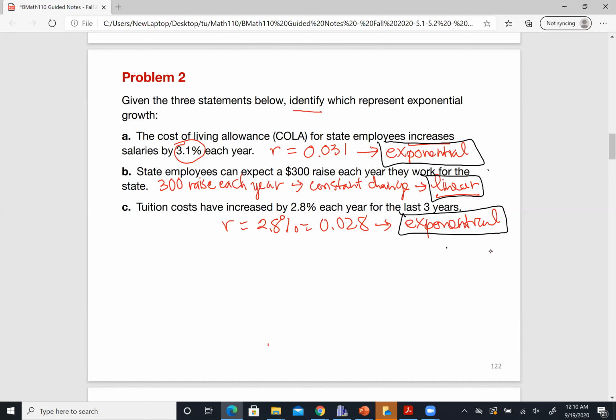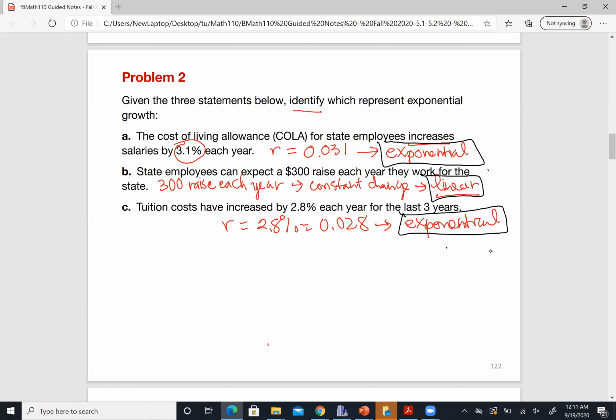So what's the difference in the wording for identifying exponential growth and linear growth? You can see that for the statement that has something like an increase by a rate, like a percent, you should consider that is exponential function.